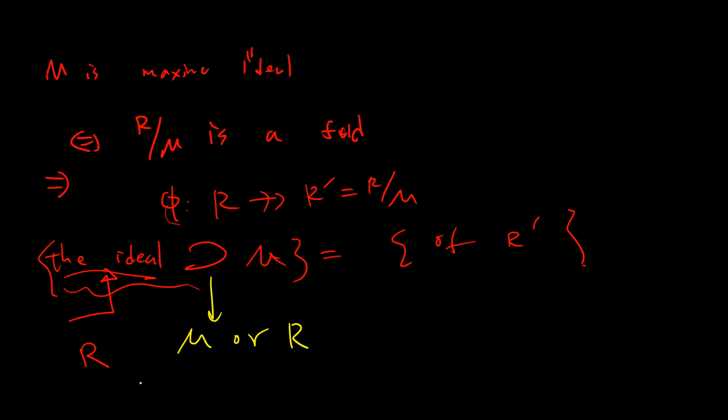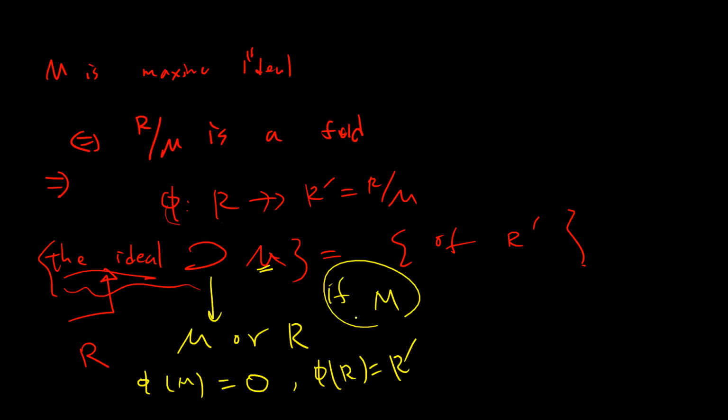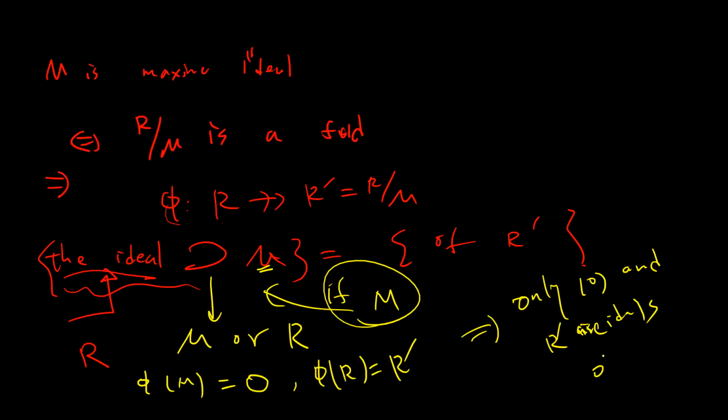If you use phi to map them, phi of M maps to 0, and phi of R maps to R prime. So there are only two ideals of R prime, 0 and R prime. By the previous theorem, the only ring which contains only two ideals must be a field, so R prime is a field.